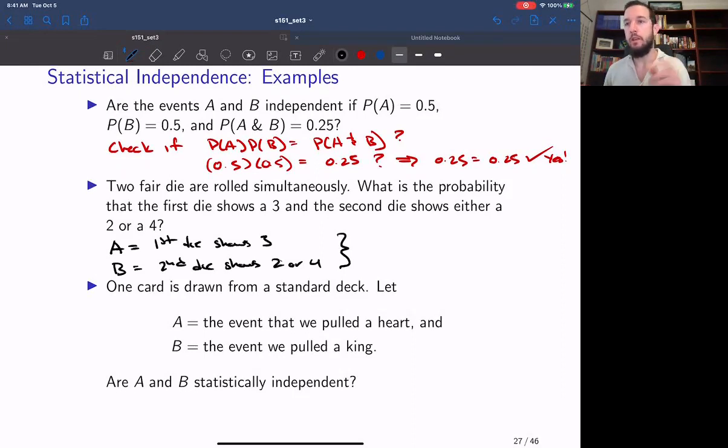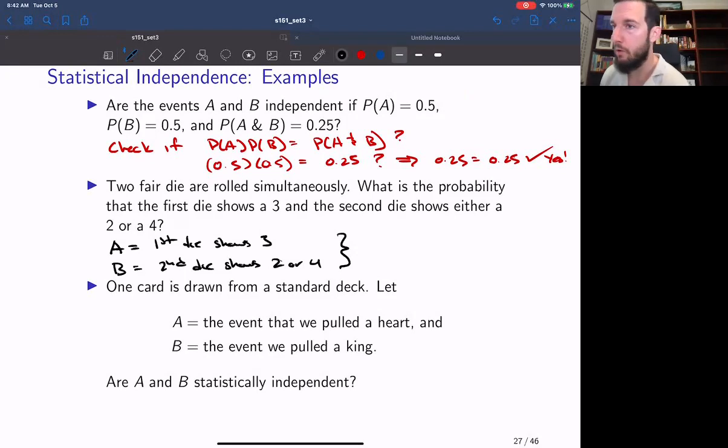This means that we can use the formula on the previous slide to compute the probability of what we're interested in.